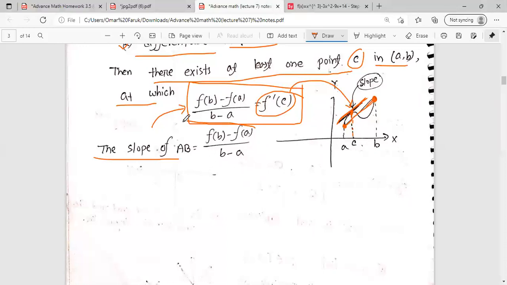So why did this come? Because we know that slope means y2 minus y1 over x2 minus x1. So here, B is x2 and A is x1, right?